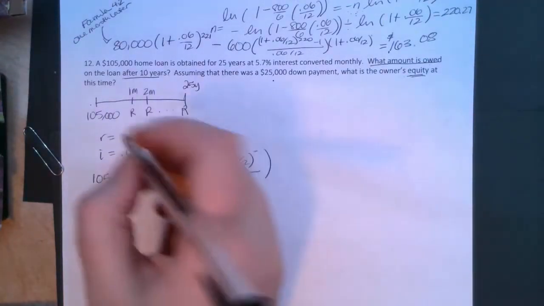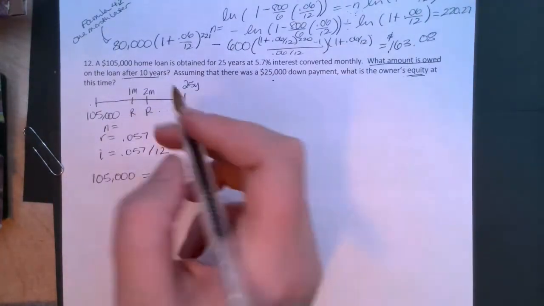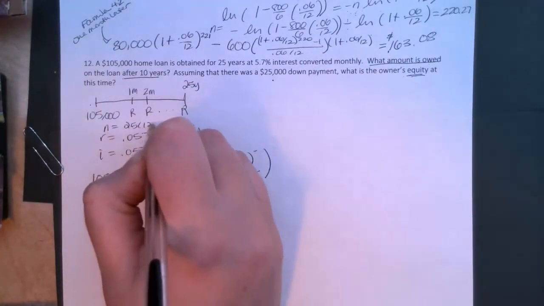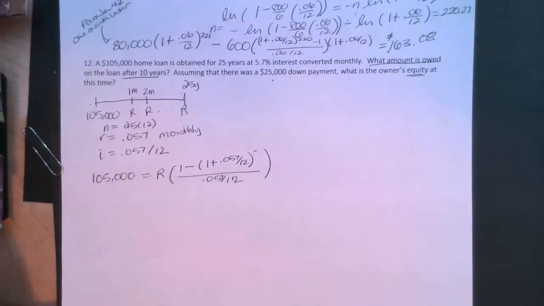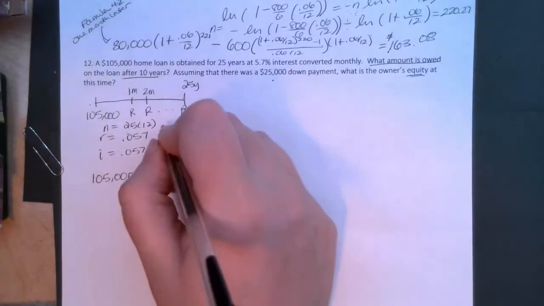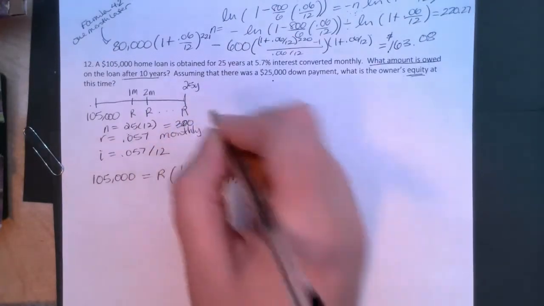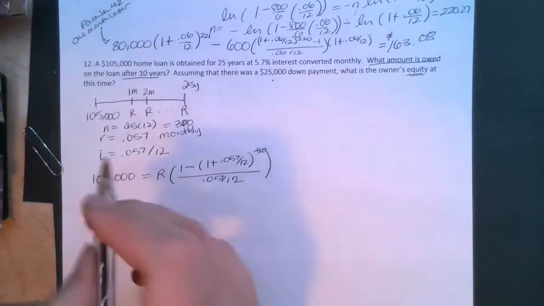So our exponent is going to be 25 times 12, because we have 25 full years, 12 payments for those full years. When you do that on your calculator, you get 300. So our 300 right here, okay?